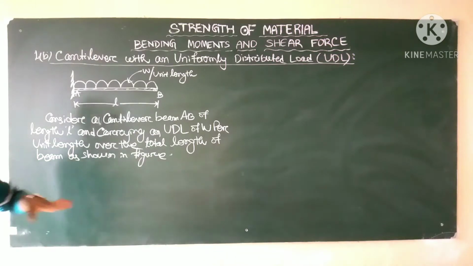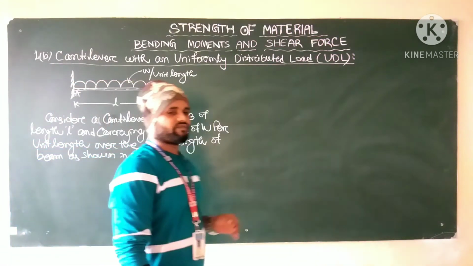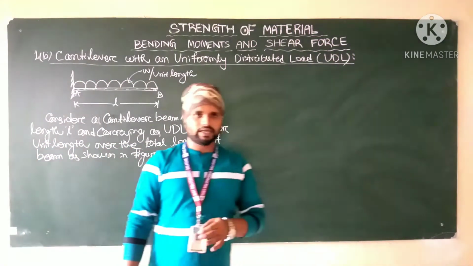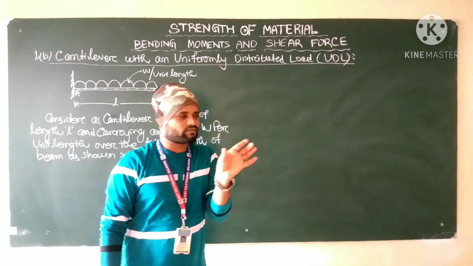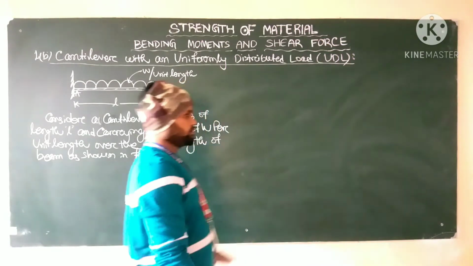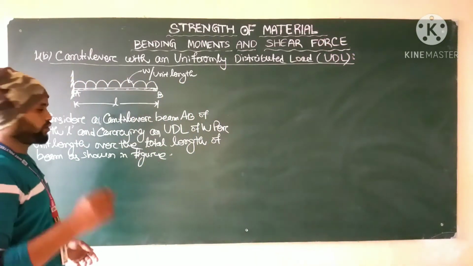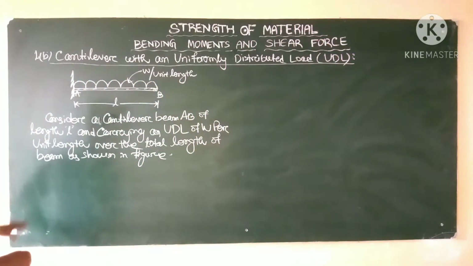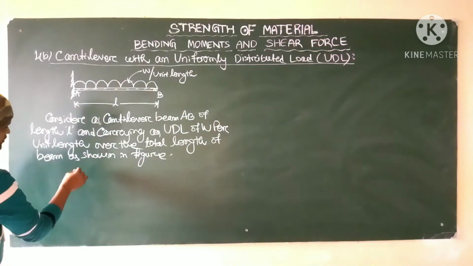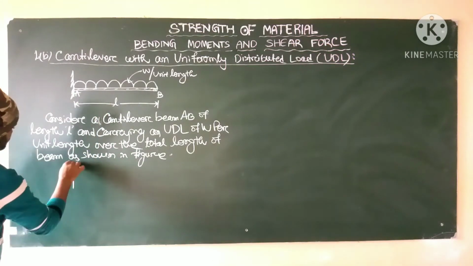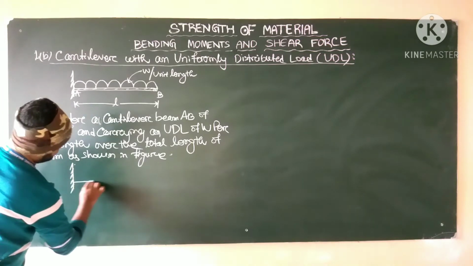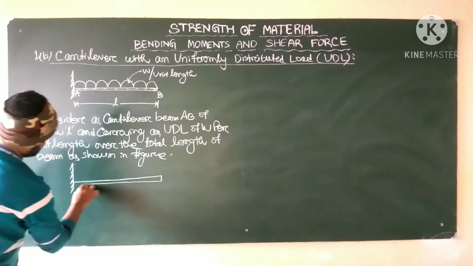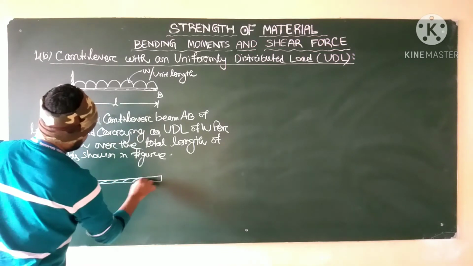Now we will find the formula for shear force and bending moment at a distance small x from the free end. So we will draw the figure again. This is the fixed side. This is the beam.